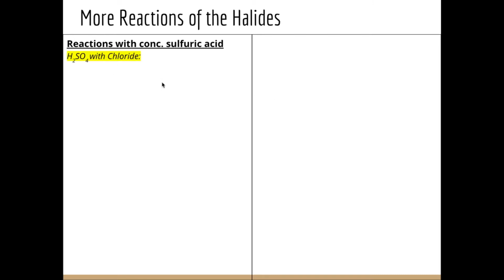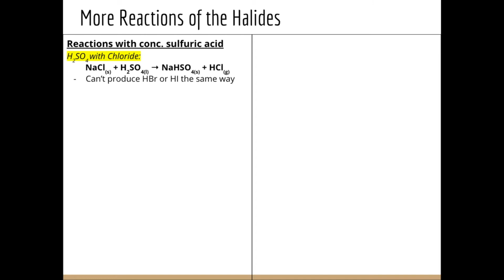Sulfuric acid with a chloride can be used to generate hydrogen chloride as a gas quite easily. You just add the sodium chloride to the sulfuric acid and we form that. However, we can't produce hydrogen bromide or hydrogen iodide the same way.